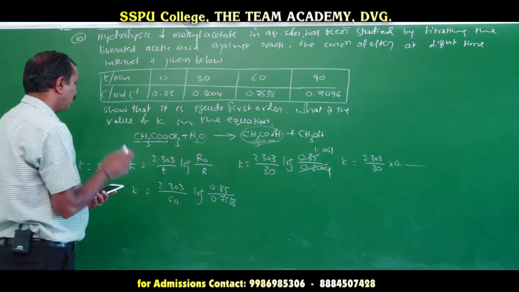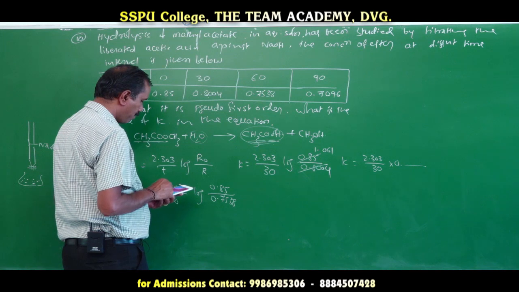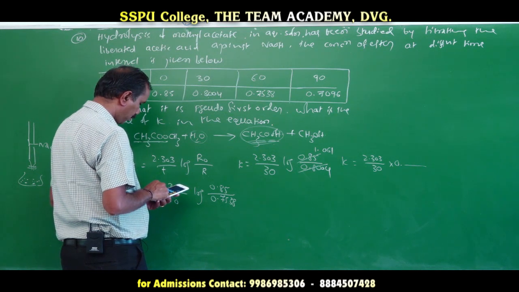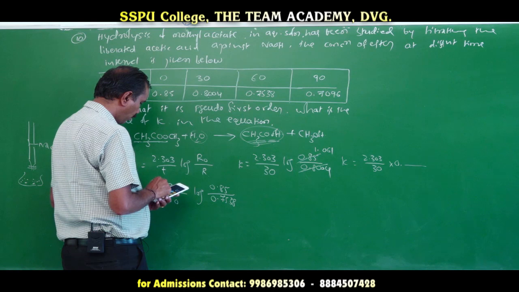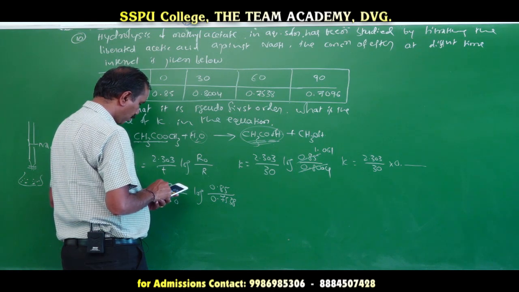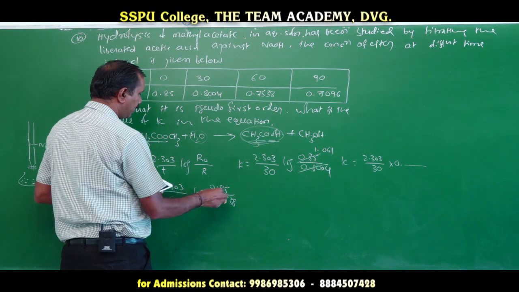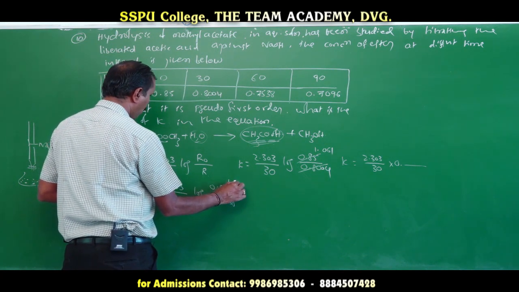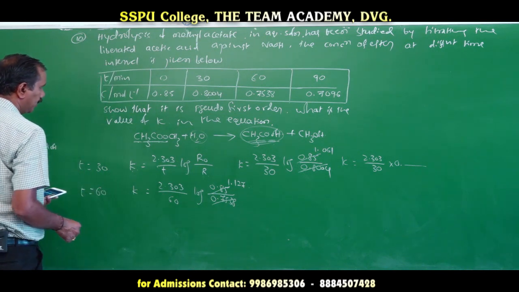Then 0.85 divided by 0.7538 value is 1.127. Okay.